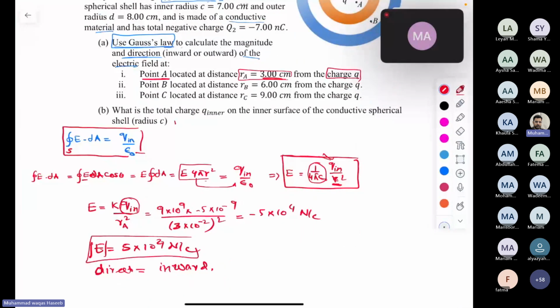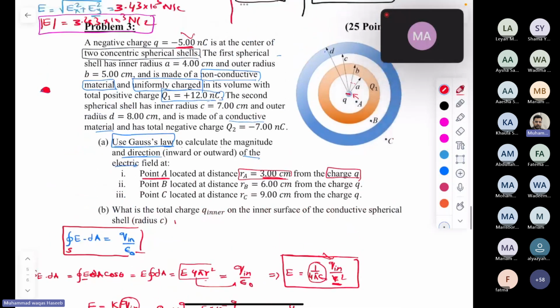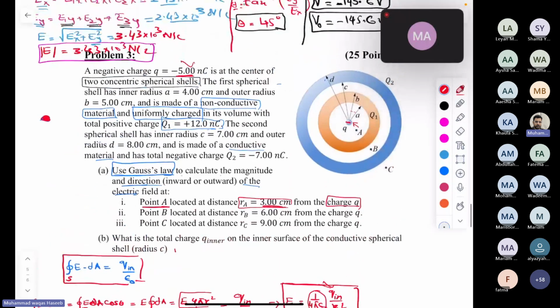Similarly, at point B, located at a distance RB from the charge Q, the same goes: E equals K Q in over RB squared. So this is the point B, and we are going to take the electric field. Now, at point B, the Gaussian surface contains this charge and this charge as well.